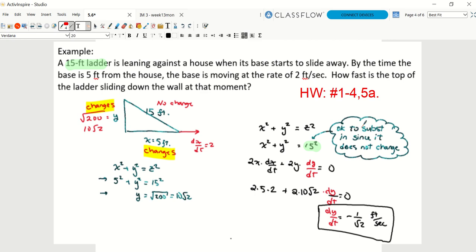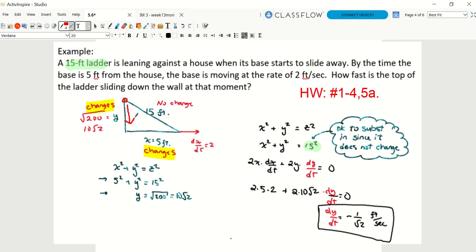Another way of thinking about it is that your 15 doesn't change. The length of your ladder doesn't change. It's fixed. But your x and y do change, because as the base of this ladder slides to the right, this 5 increases, and as the ladder slides to the right, that means this decreases.